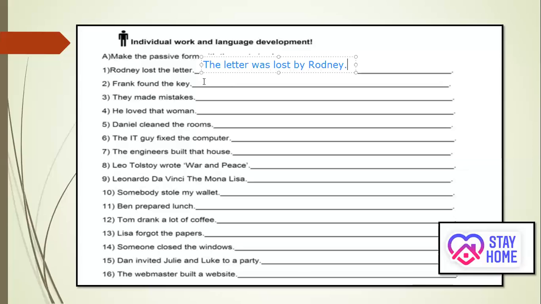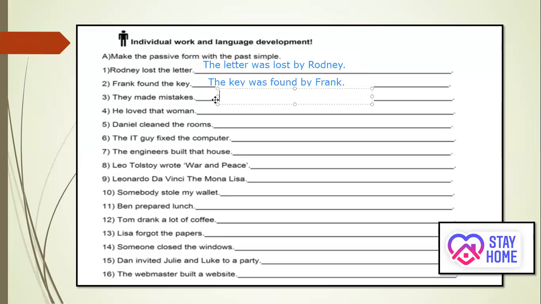Now let's see in here. Frank found the key. The key was found by Frank. And this is the past passive. Let's see the other one. They make mistakes.